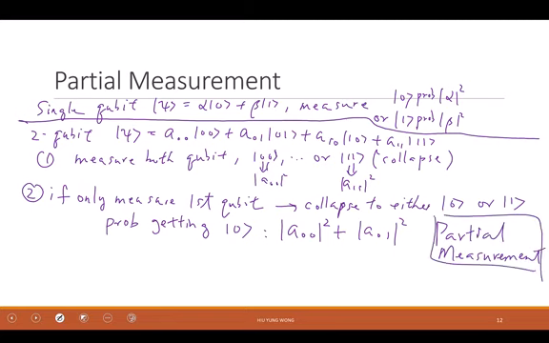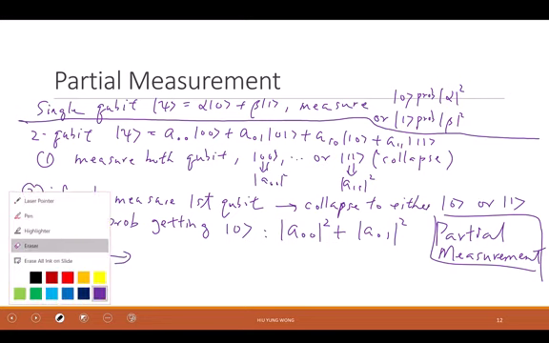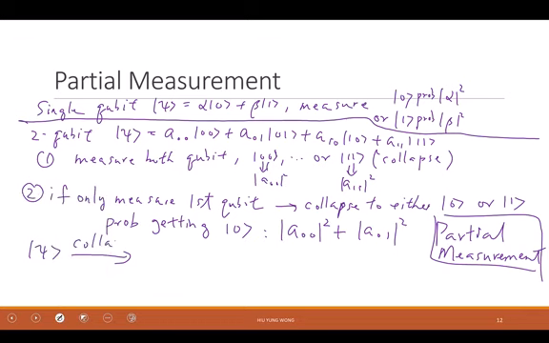Now, what will the wave function be after this measurement? It will become A00 |00> plus A01 |01>.